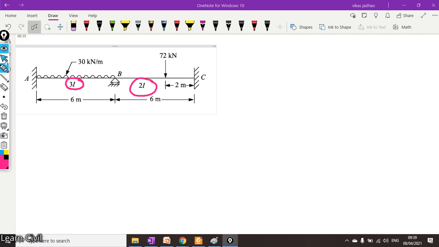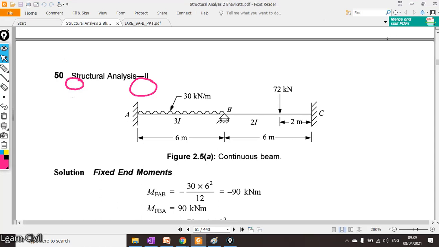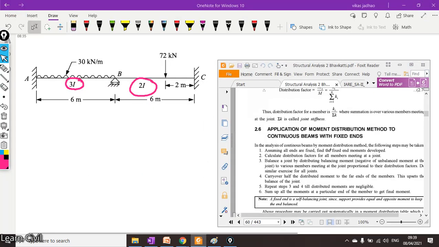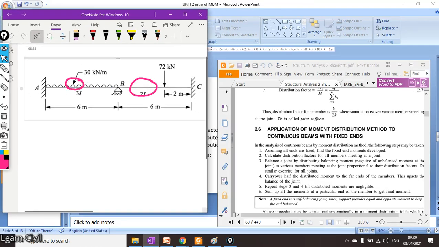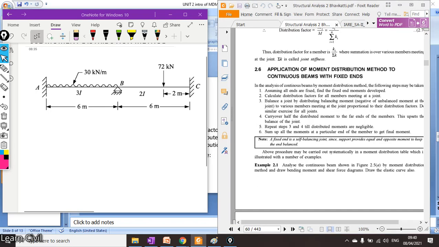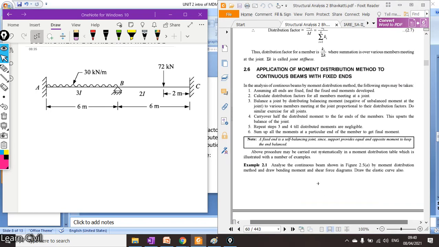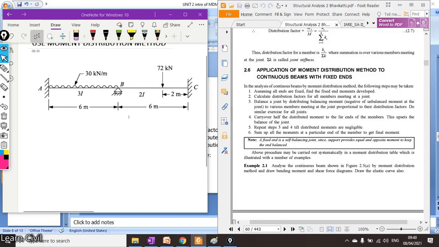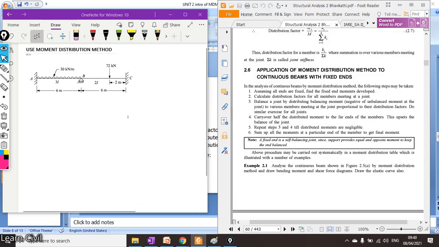Now we have some steps for analysis. I'll keep these steps side by side. Step number 1 is assuming all ends are fixed, find the fixed end moment.